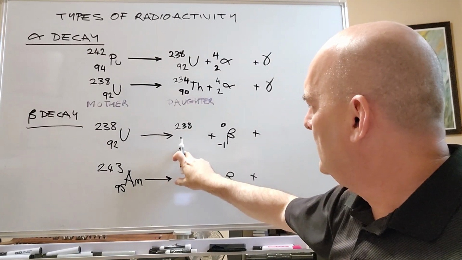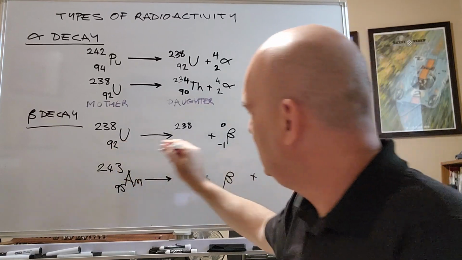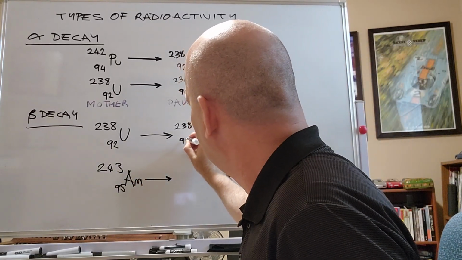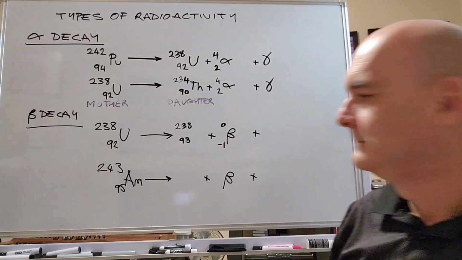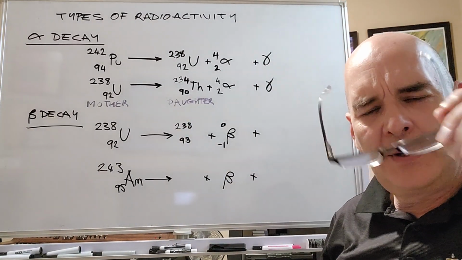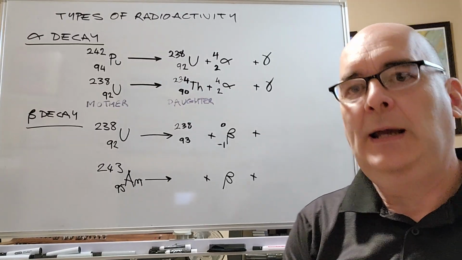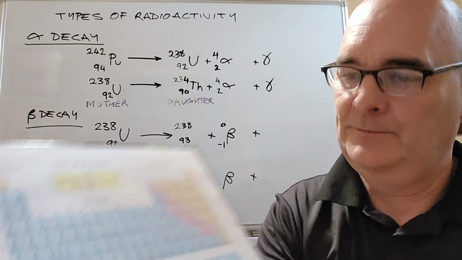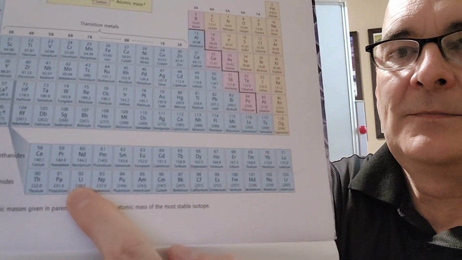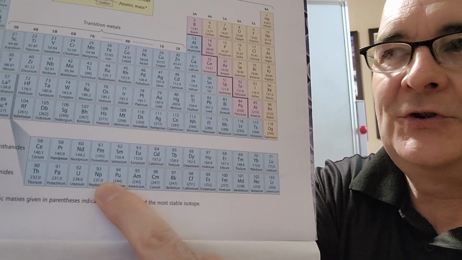And some number here, when you subtract 1 from it, equals 92. So those are our two numbers, the mass number and the atomic number, for our nuclide. And we started at uranium. Uranium is here. And we took a step to neptunium.